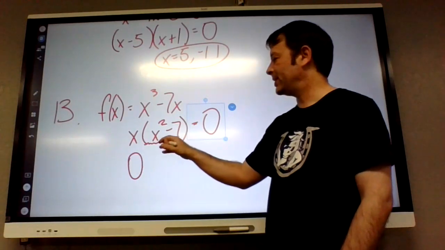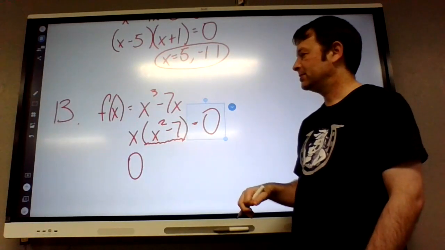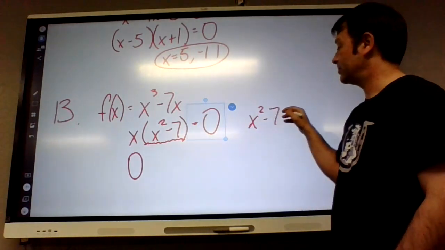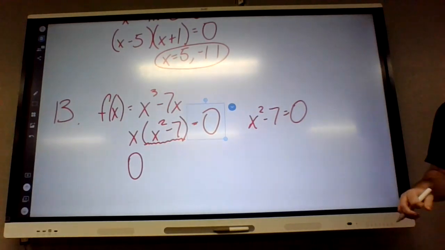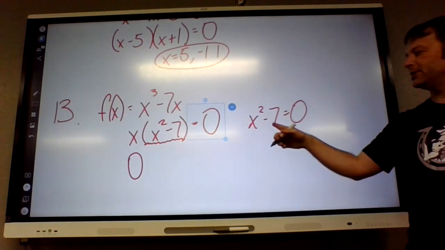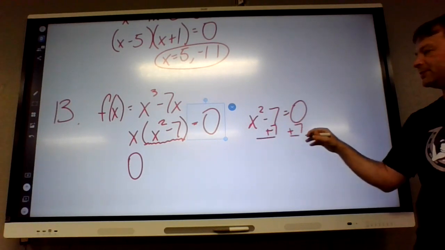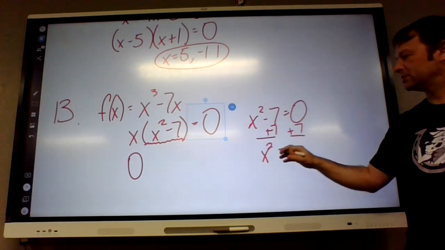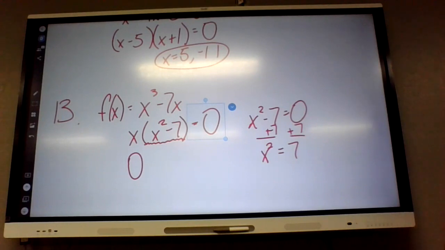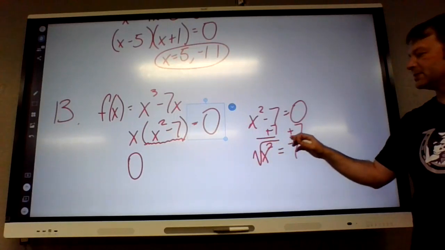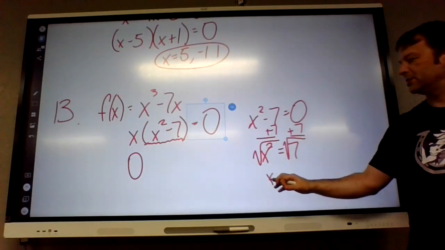The last two answers are in that. How do I make x squared minus 7 equal 0? Get the x squared by itself. Square root to get rid of that square.